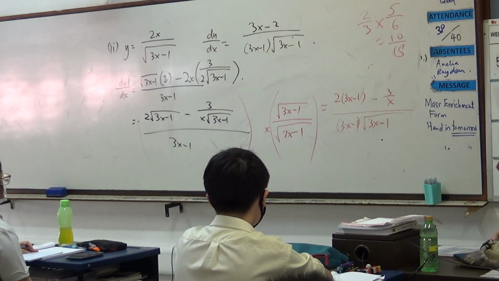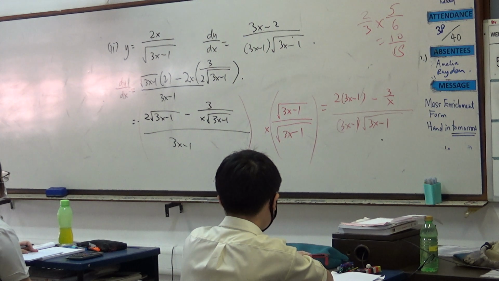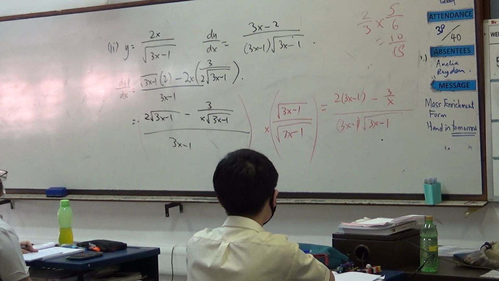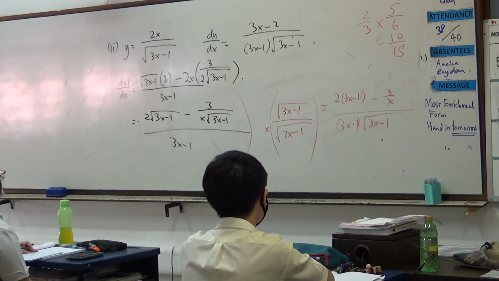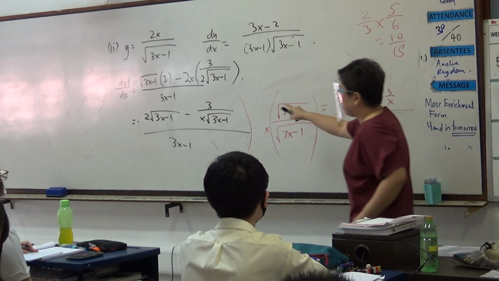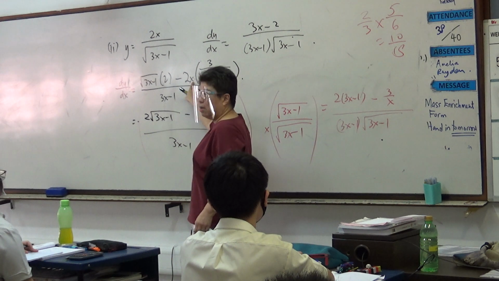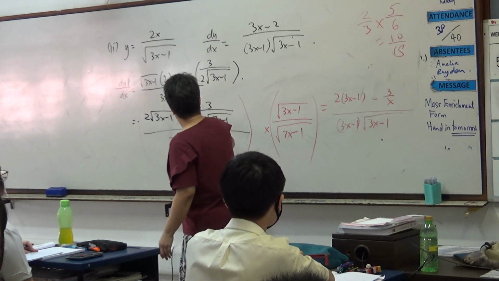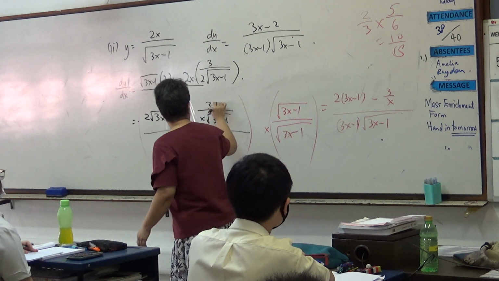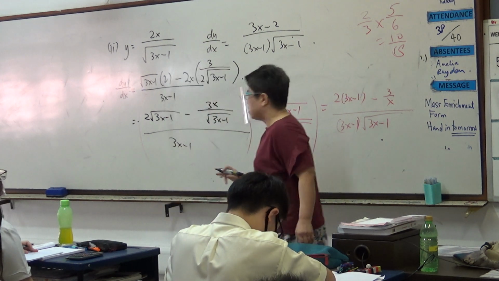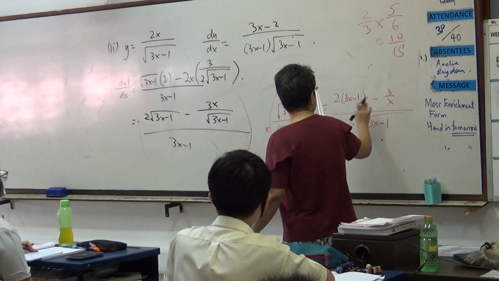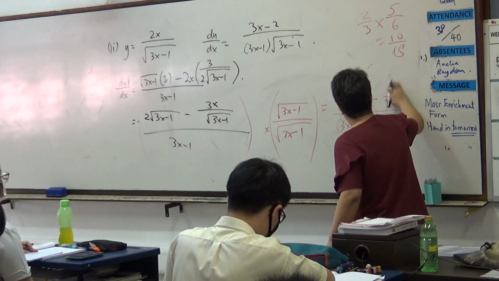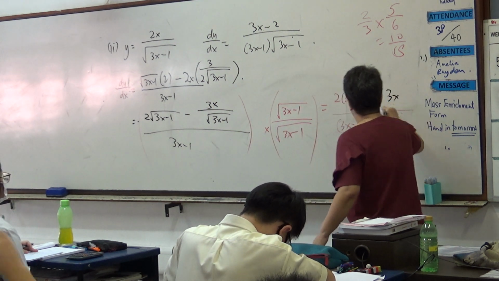Hold on, I must check whether I think I made a mistake somewhere. I made a mistake. The 2x, right? The 2x, can you see? I forgot this. So it should be what? This one is 3x, this one don't have. Alright, it's my mistake. So this one will become 3x, right?